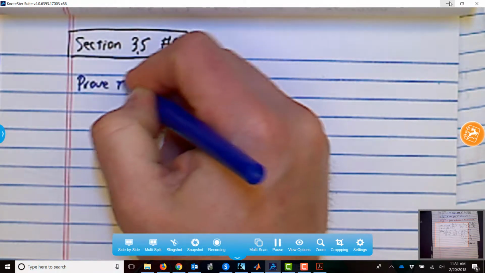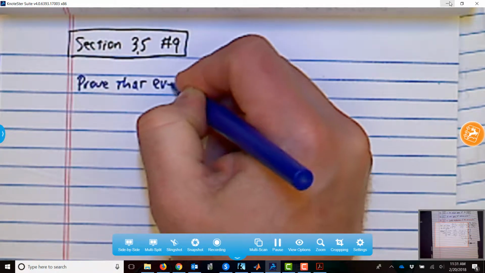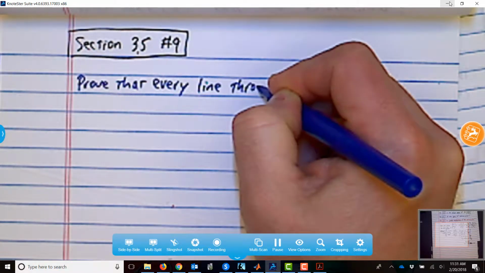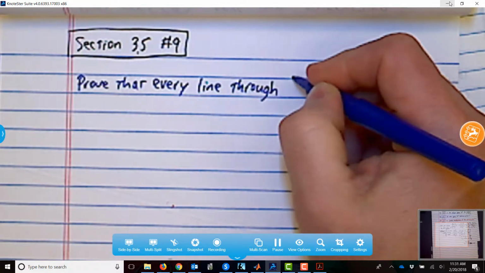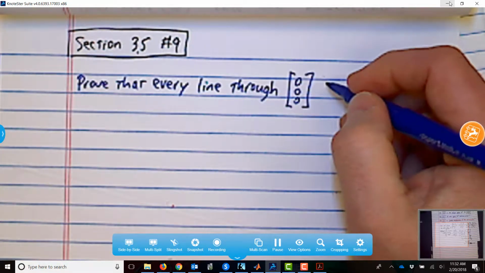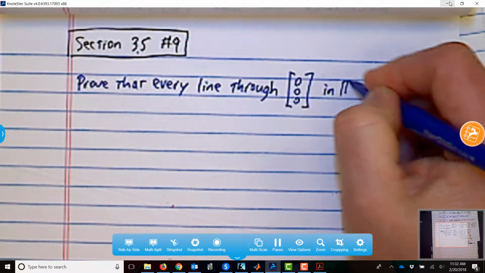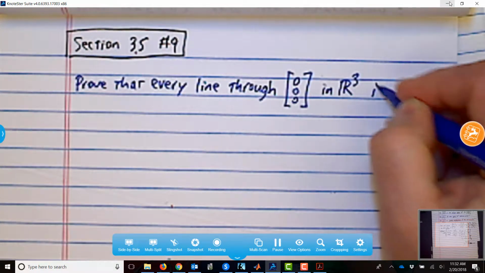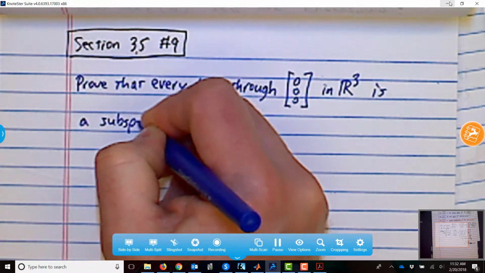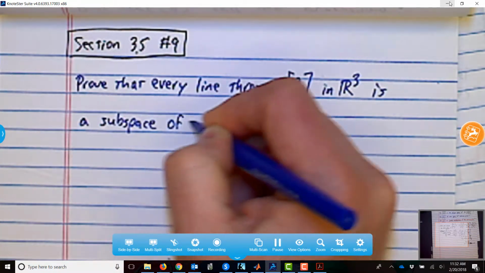Prove that every line through, well, since we're in R3, the origin is 0, 0, 0, in R3 is a subspace of R3.